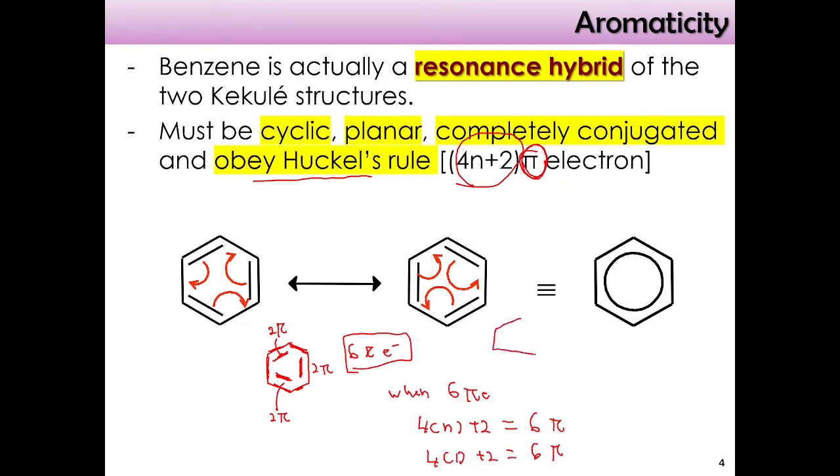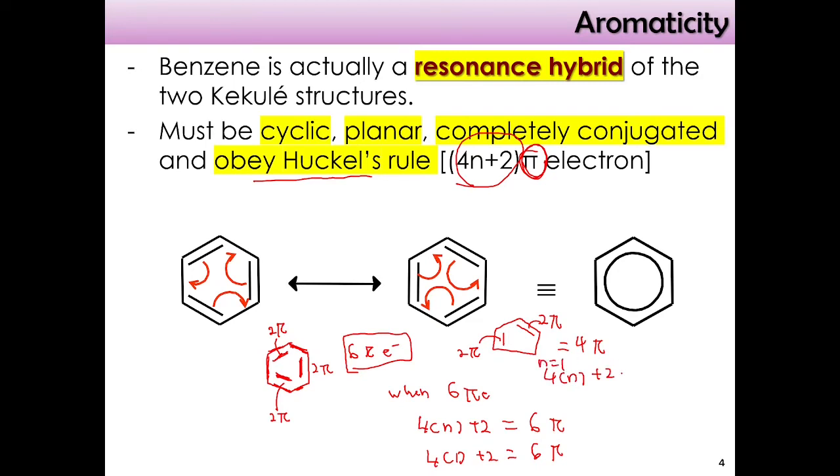Okay, one more example. Let's say I have this structure, whereby you have 2 pi electrons and 2 pi electrons here, which is 4 pi electrons. Does it obey Huckel's rule? So 4n plus 2. If n equals 1, this will be 6.